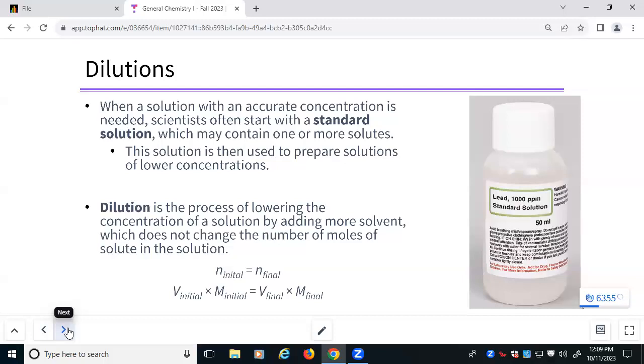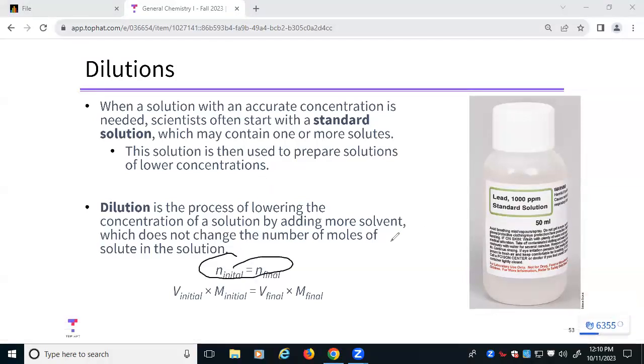And so what the dilution equation allows us to do is look at this from a scenario standpoint and say, since our number of moles are even, then the concentration values don't really matter in terms of what that concentration unit is.